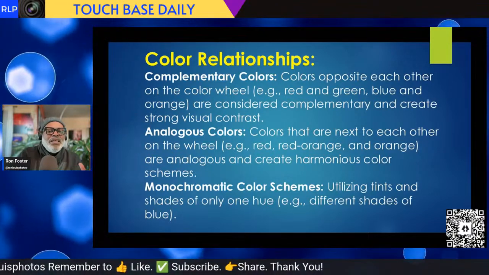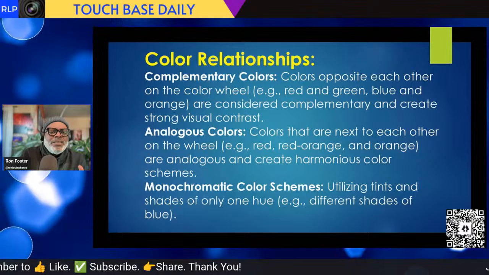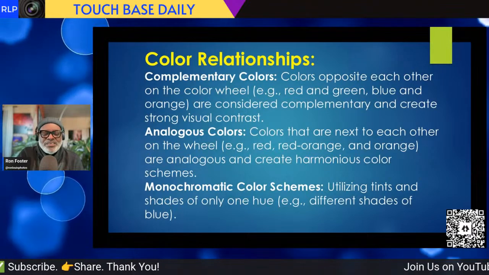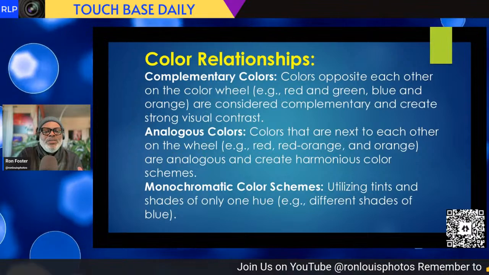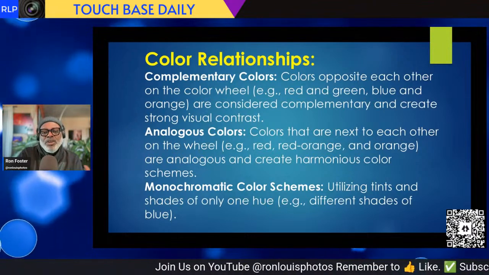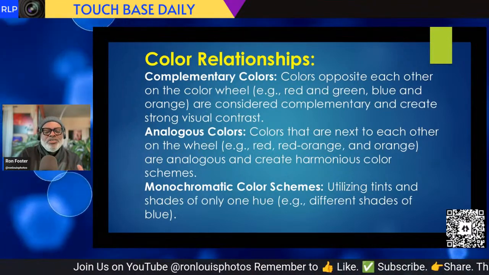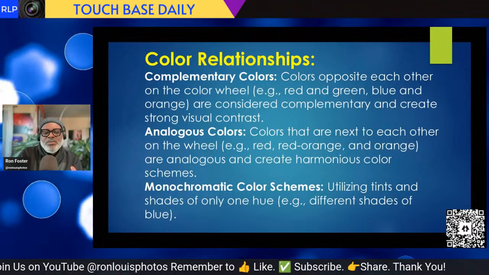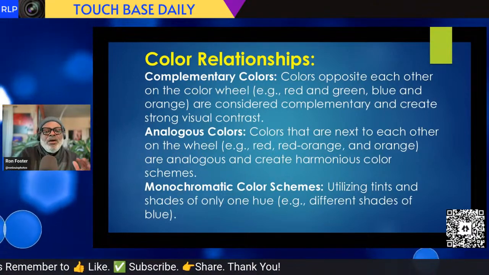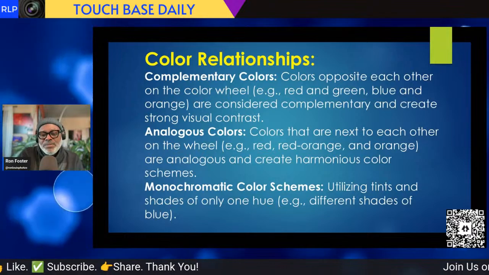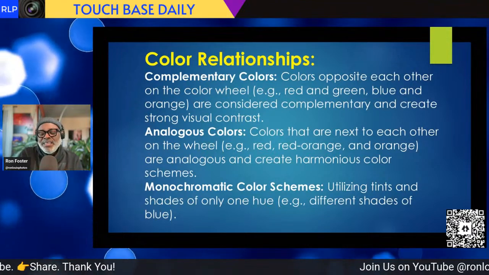Here's analogous colors. Colors that are next to each other on the wheel. Example, red and red orange, and orange, or orange and yellow. Those are next to each other, and they create a harmonious color scheme. People use that in color grading.